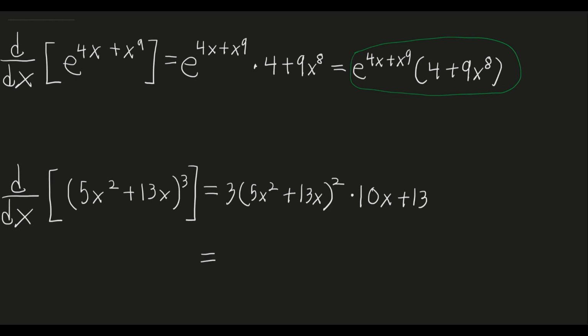Putting all of this together, it would be 3 times 5x squared plus 13x raised to the second power times 10x plus 13. And this will be the final answer.